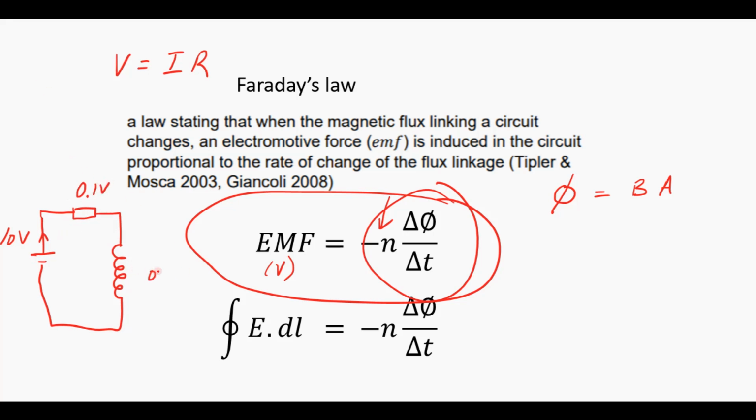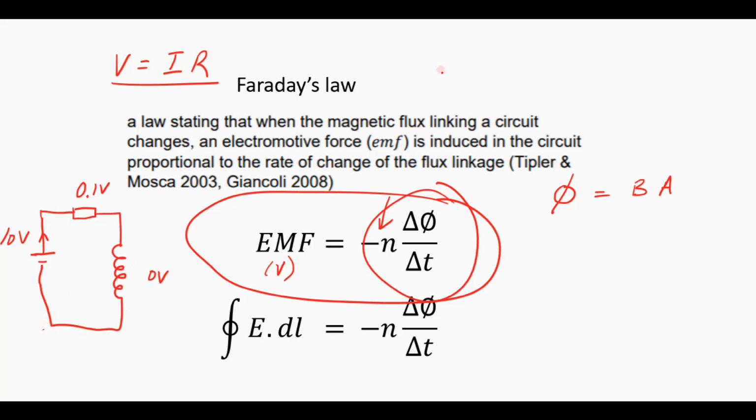This would have 0 volts across it in terms of V equals IR, and the reason is the formal definition of Faraday's law is the closed loop integral of the electric field dot product with the small changes in length across the loop, okay, the closed loop, which is, you can start anywhere, but as long as you finish in the same spot. That's the definition of a closed loop.